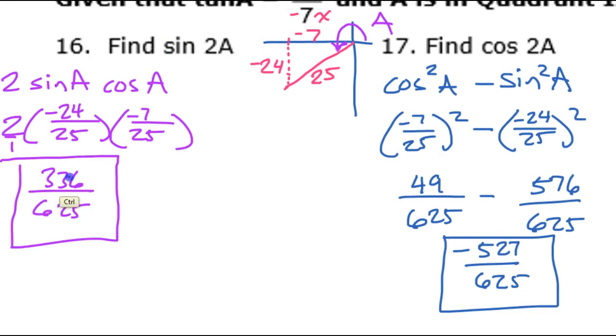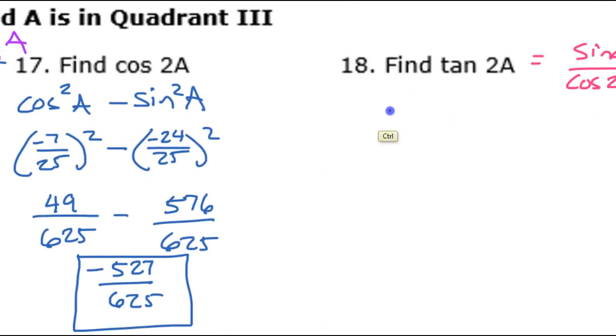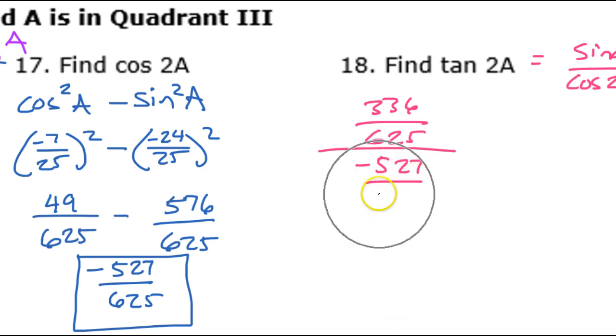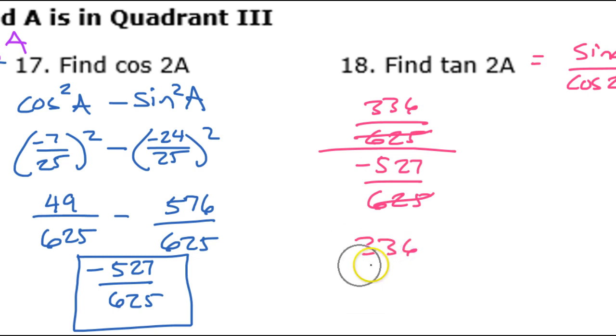So the sine was 336 over 625. Okay, and then cosine was negative 527 over 625. Notice how the denominators are the same, so they're going to end up canceling each other out. So that's just going to leave 336 over negative 527. So that is going to be the final answer.